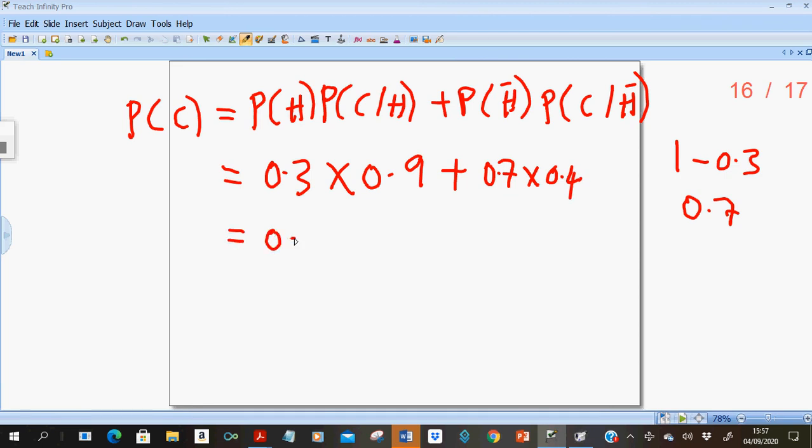For the second question, we are told to find the probability of having HIV given that you are cured.